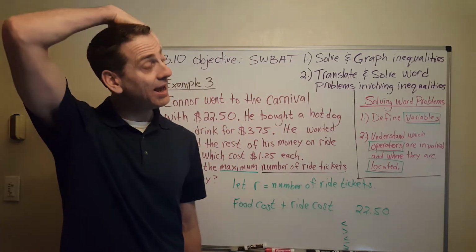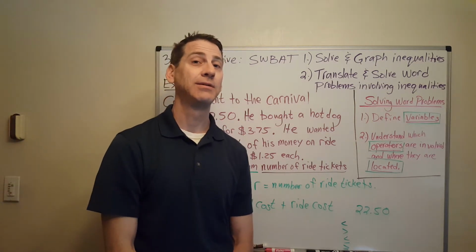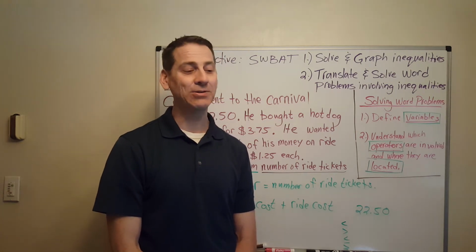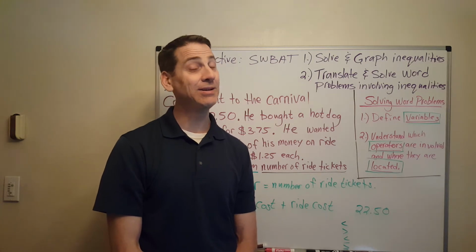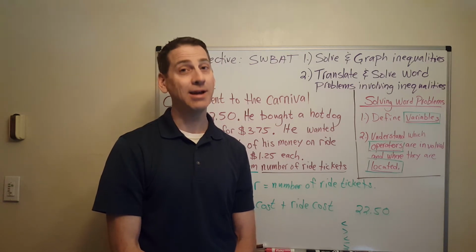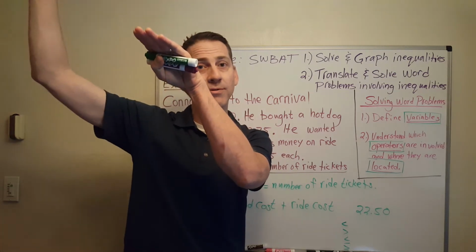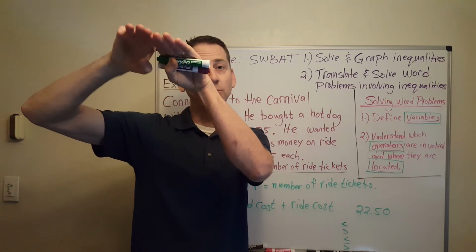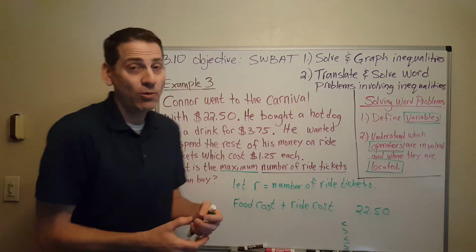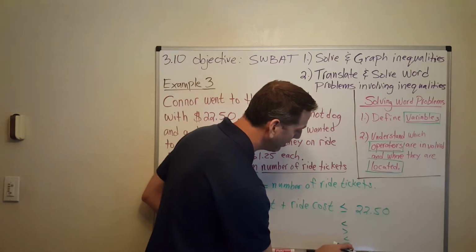If I said, hey, you have a maximum of 5 minutes left on the test, can you go 6 minutes? You can't go 6 minutes. You can go 4 minutes, that would be fine. Can you go 5 minutes? Yes. You can go up to a maximum of 5, but nothing more than 5. So that means it's going to be less than or equal to. When you see the word maximum, it's just a way of saying less than or equal to. So it's going to be right there.